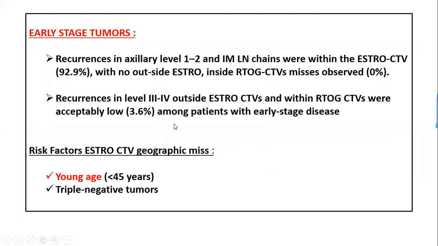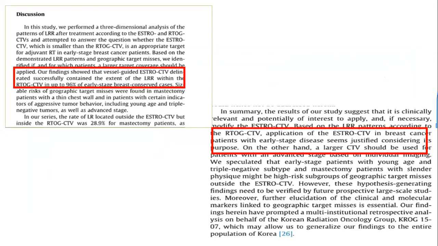As we have discussed, I have addressed the risk factors associated with the ESTRO CTV: where the ESTRO CTV has missed is the younger age group and the triple negative tumors. Now this paper says that the ESTRO CTV is able to successfully contain around 96% of early stage breast cancers treated with breast conservative surgery.